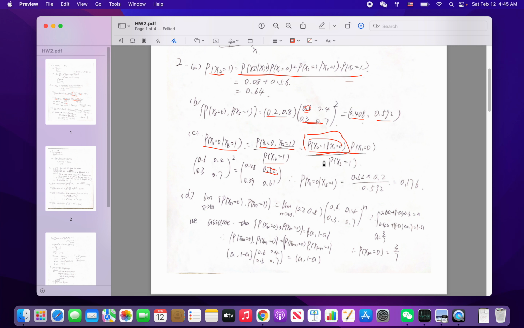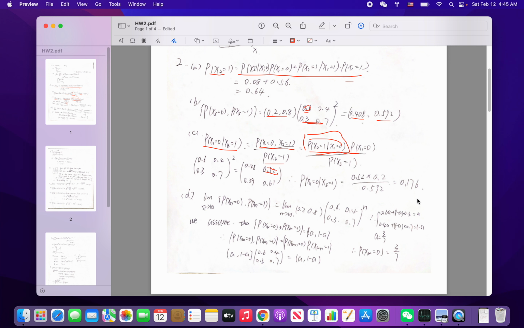So we get this and this, so we can finally calculate it. The final result is 0.176. And let's look at question D.